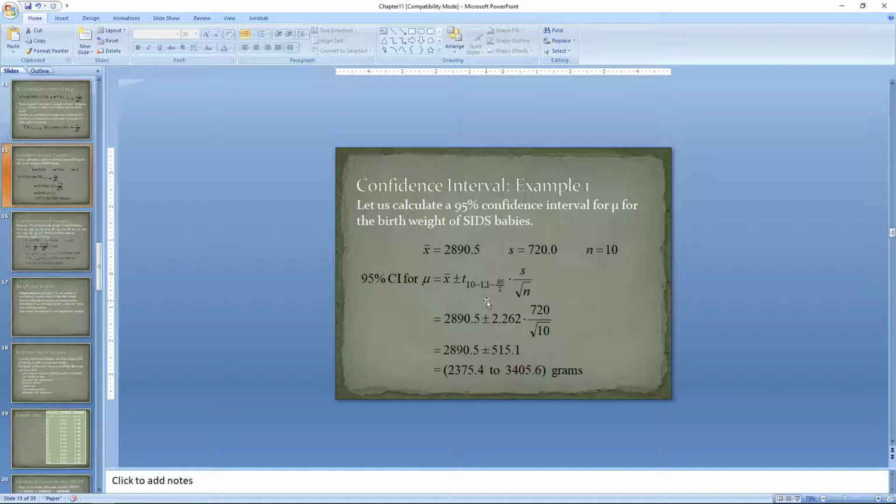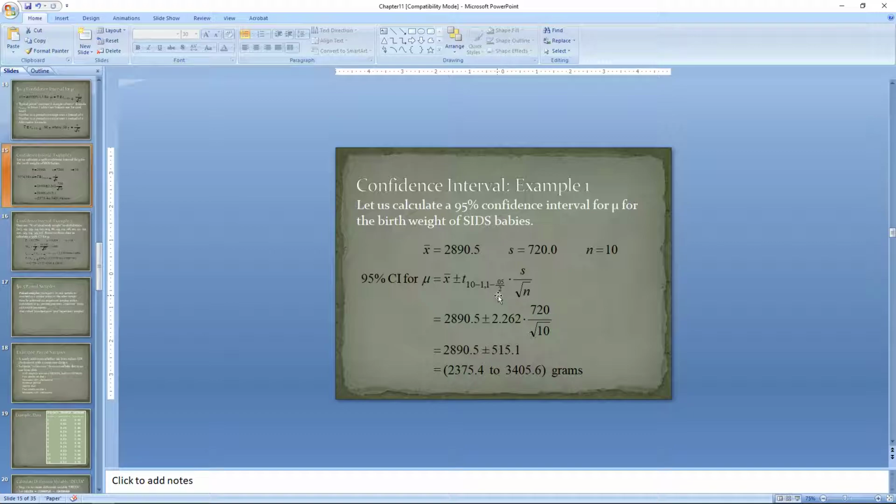For this one, we're going to go to the back of the book and find our table, which is going to be our t-distribution table. If we look up our t-distribution of 10 minus 1, so we're at 9 degrees of freedom, which you can find on page 546, and we want a confidence interval of 95, remember we're doing a two-tailed t-test, so it's 0.05 divided by 2.